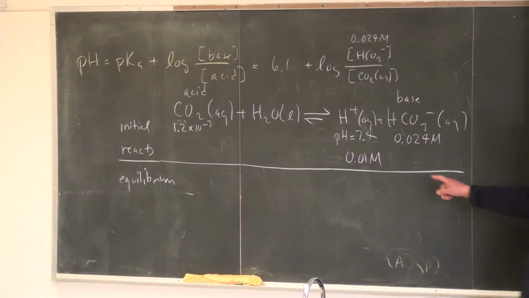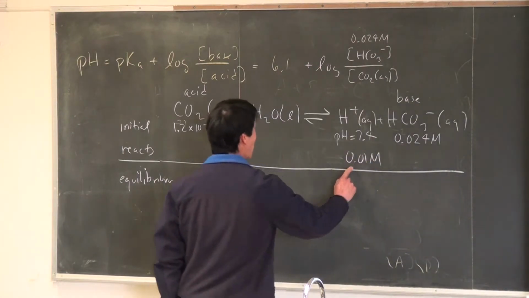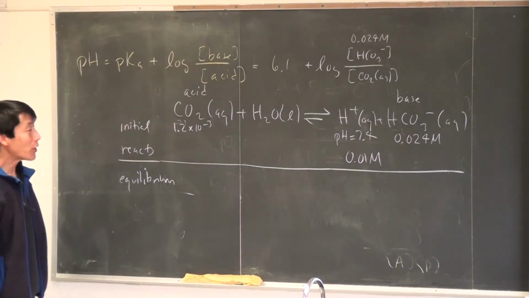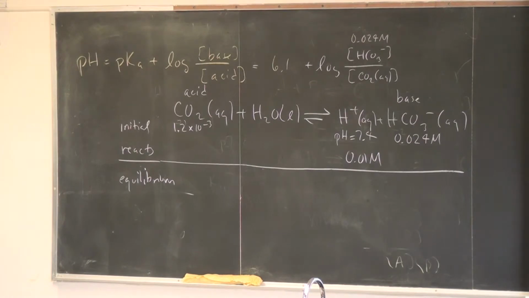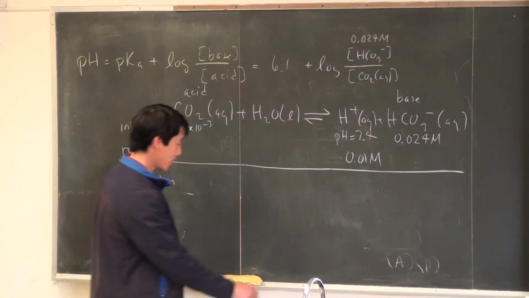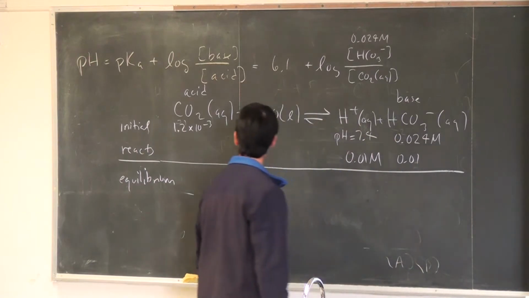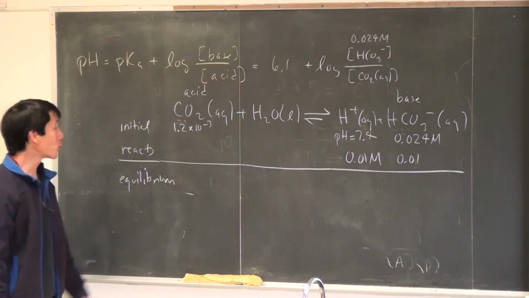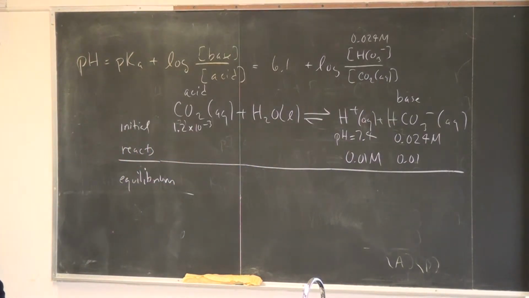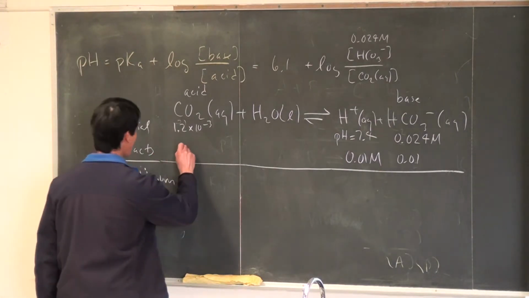Okay, so if 0.01 molar H plus is added, how much HCO3 minus do we want to put in here? Yes, this also needs 0.01. How much CO2? Also 0.01.